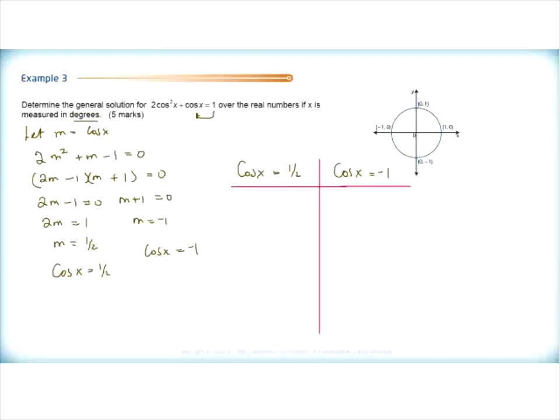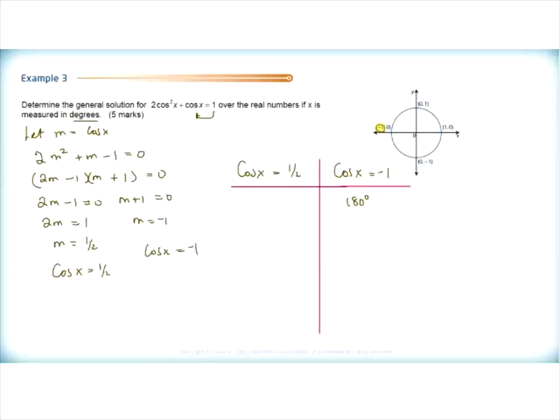Well, cosine x equals negative 1 is pretty easy to do if we look at our unit circle here. Cosine x equals negative 1 right there. And of course, that's at 180 degrees, because we are looking for an answer in degrees. So we see that 180 degrees is an answer. Now we need to consider, though, the general solution.